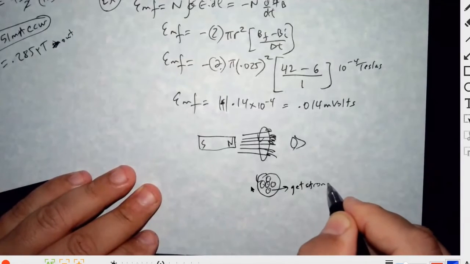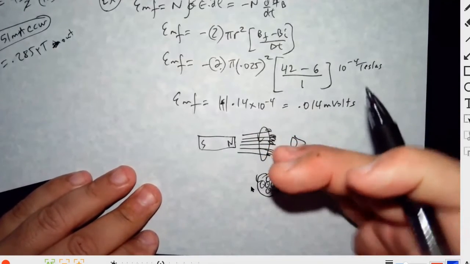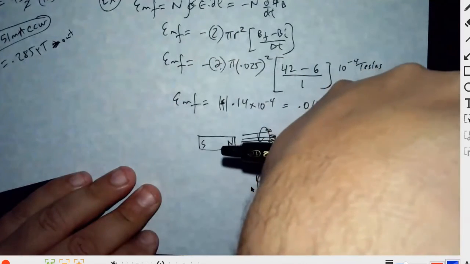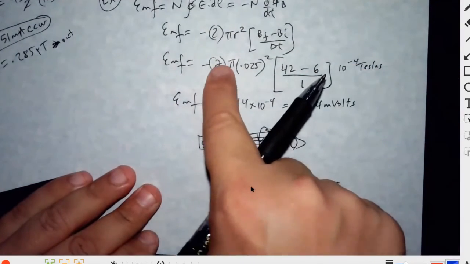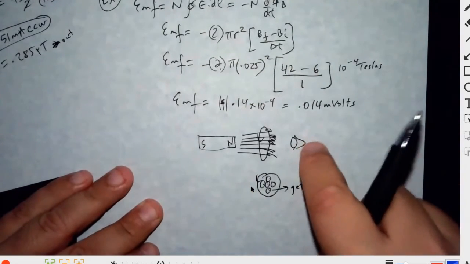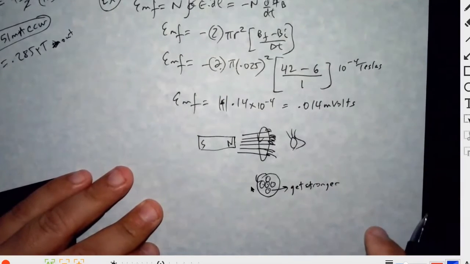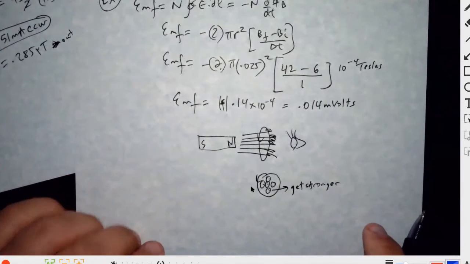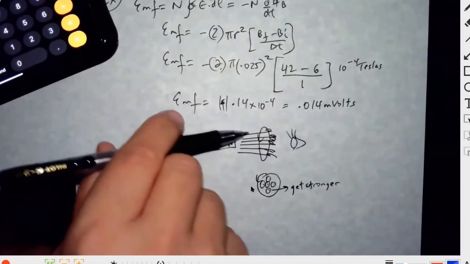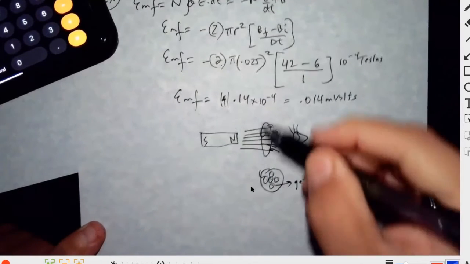So what kind of current should be produced? If it's getting stronger, you should be producing a clockwise current, right? That's what the negative means, clockwise, as viewed from this end. When you say something is clockwise or counterclockwise, you always have to say with respect to who. From this end it would look counterclockwise, but from this end it's clockwise.